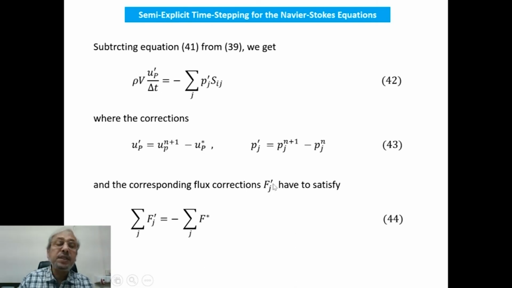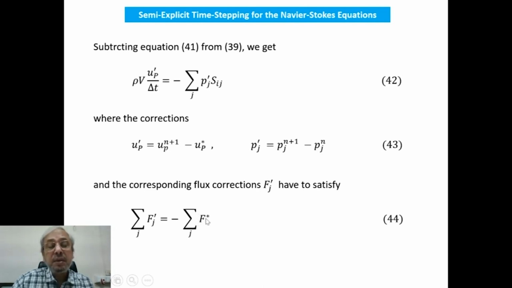Since velocity is being corrected, the mass flux also requires to be corrected, and this is the summation of fj prime over j equal to the summation of f star over j.